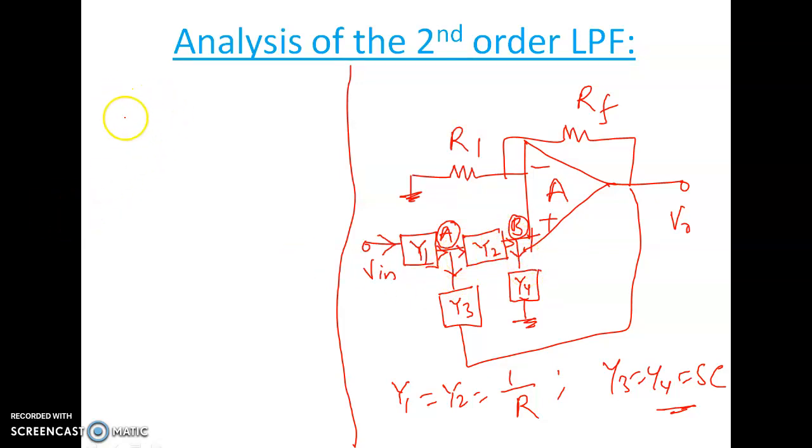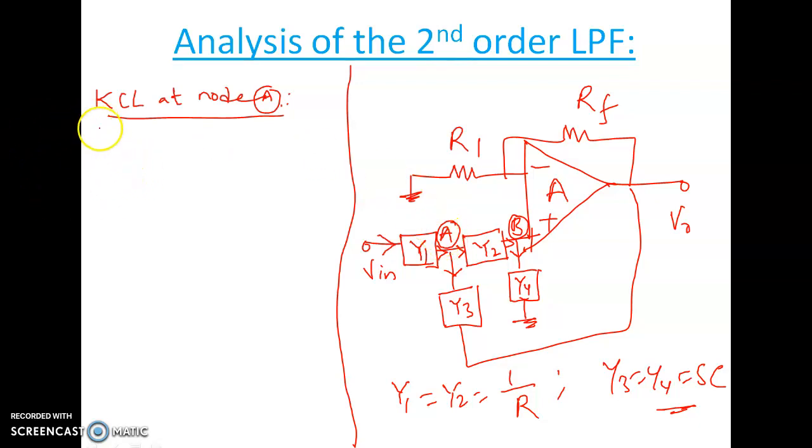To do the analysis, first we need to apply KCL at node A. If you apply KCL at node A, what will happen? We need to identify how many currents are entering the node and how many currents are leaving that node. It is very clear from the circuit that at node A only one current is entering and two currents are leaving.